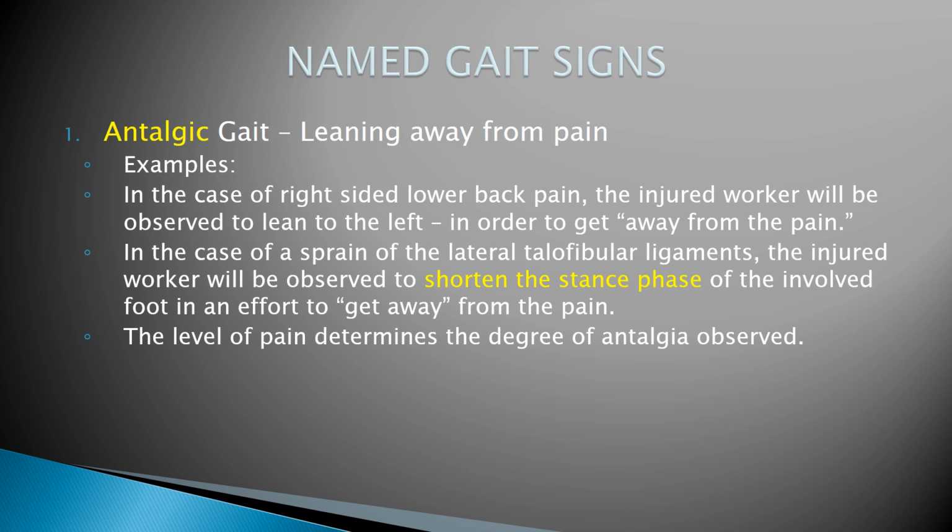For example, in the case of a right-sided lower back pain, an examinee with right-sided lower back pain will be observed to lean where? They lean to the left. They lean to the left in order to get away from the pain, which is on the right.